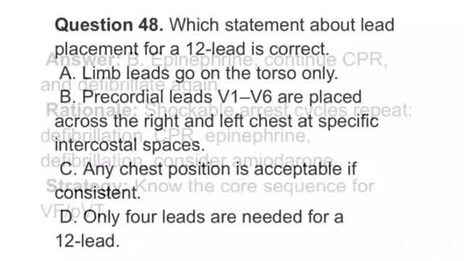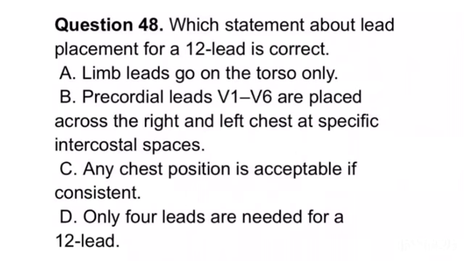Question 48. Which statement about lead placement for a 12 lead is correct? A. Limb leads go on the torso only. B. Precordial leads V1 to V6 are placed across the right and left chest at specific intercostal spaces. C. Any chest position is acceptable if consistent. D. Only 4 leads are needed for a 12 lead.